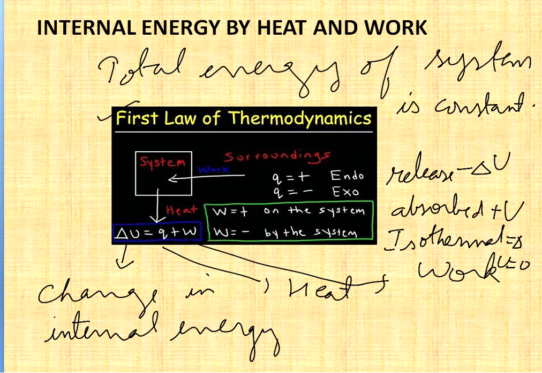The energy of an isolated system will be constant. You can see here delta U equals Q plus W. So delta U is a state function, and Q and W are path functions.